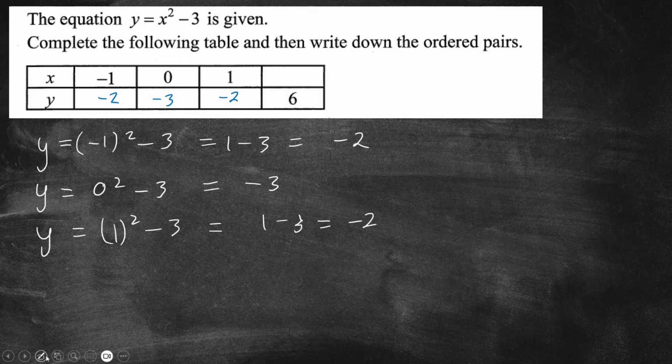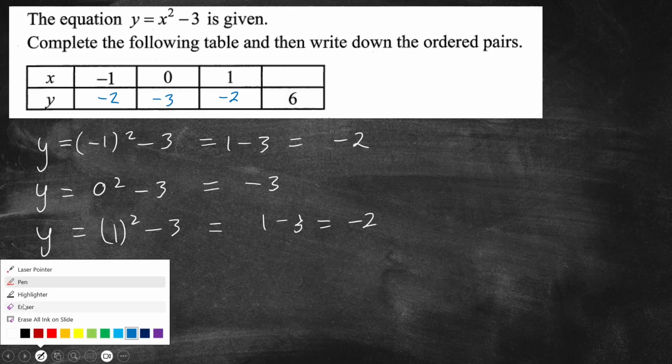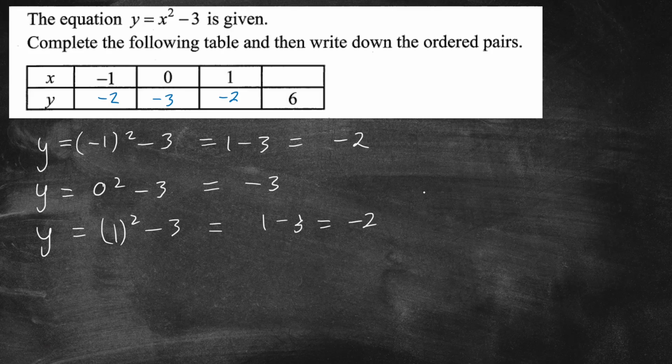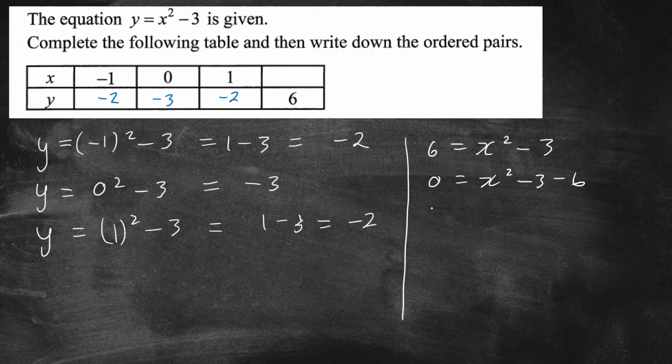And then when we're given the y value, we'll be solving an equation again. So we take 6, we replace the y with 6, 6 equals x squared minus 3. Now if we take all the terms to the one side, because we've got x squared, we have 0 equals x squared minus 3 minus 6, and then 0 equals x squared minus 9.